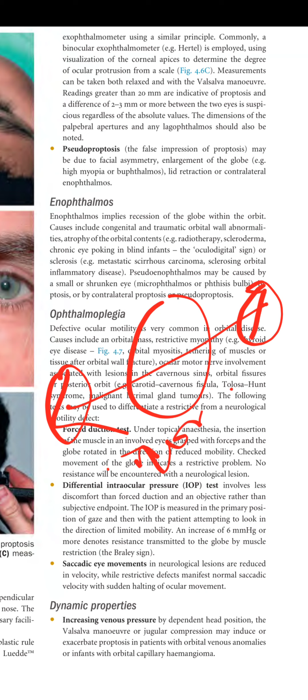But in case of a restrictive defect, there will be normal saccadic velocity with the halting of the ocular movement. So for example, if we ask the patient to look from here to here and there is a restriction here in this muscle, whenever the patient is looking here, there will be the movement, but there will be the sudden halting of the movement.